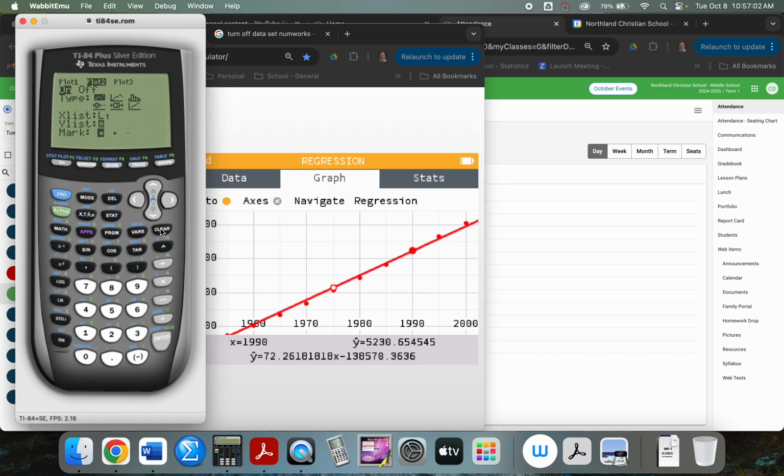So if I clear that out, where it's hidden is in the list. If you do second stat, there's a list of all of your lists, and residual is already there. So now if I do a zoom stat, I can see the residual.